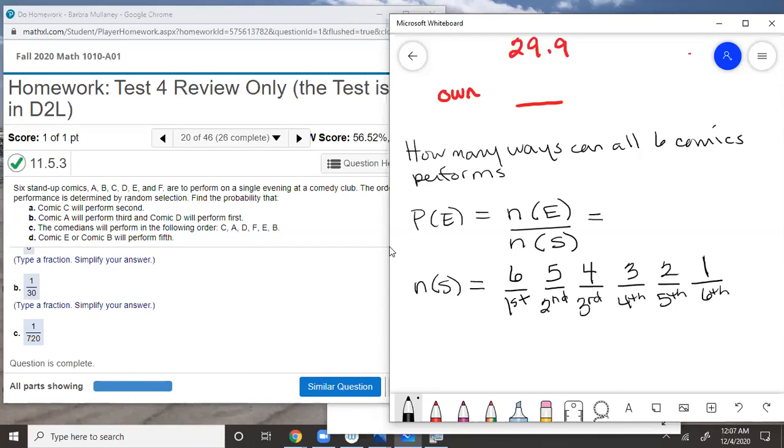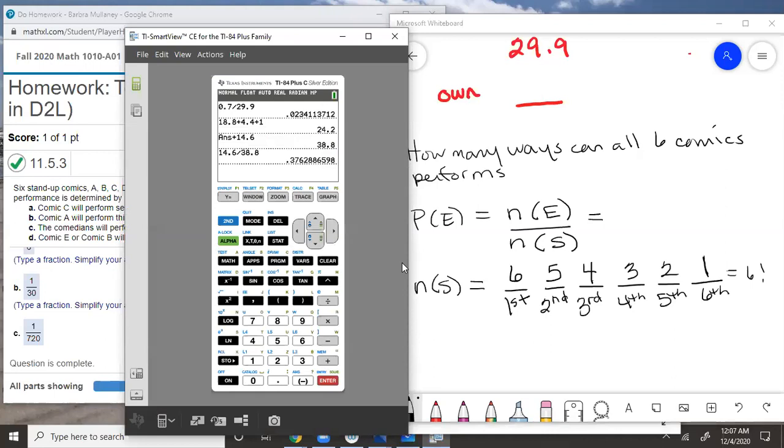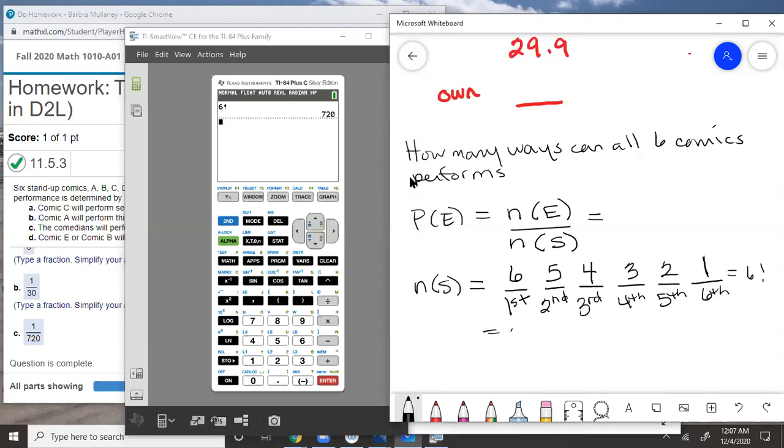So the total number of ways that 6 can go on stage is 6 factorial, which is 6 times 5 times 4 times 3 times 2 times 1. That is 720. I'll put that on our calculator: 6, math, prob, 4, enter. We get 720. So we found out what the denominator was.